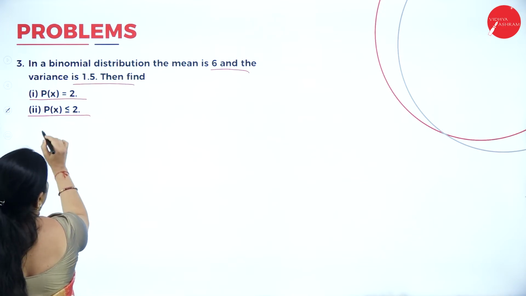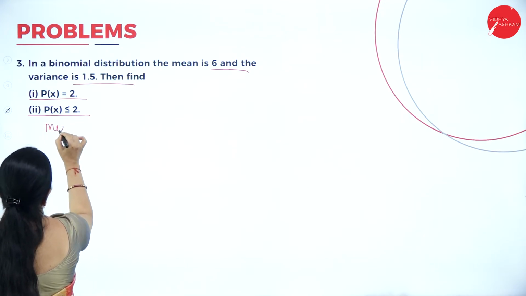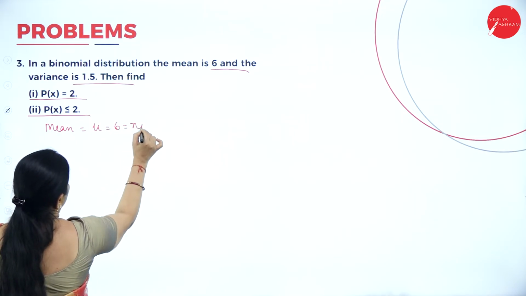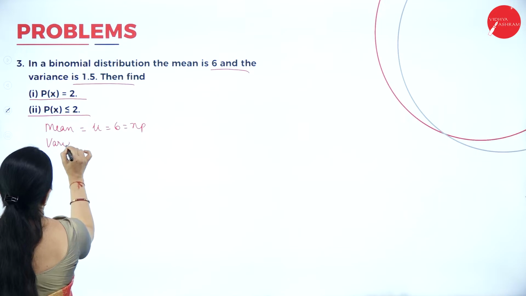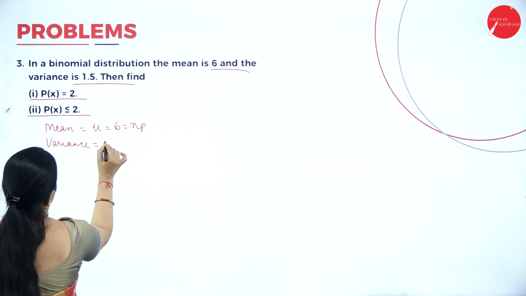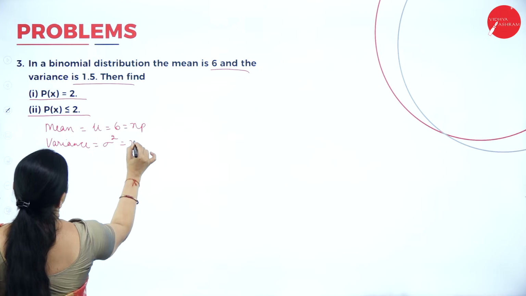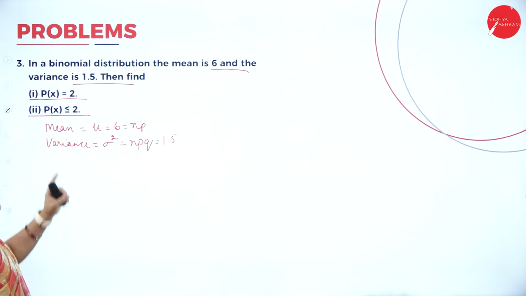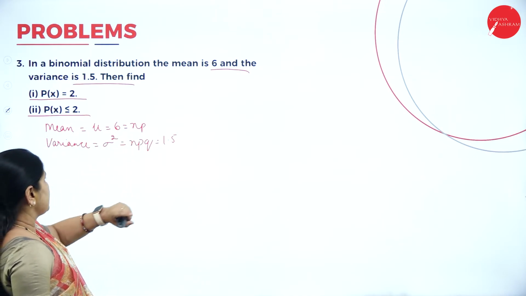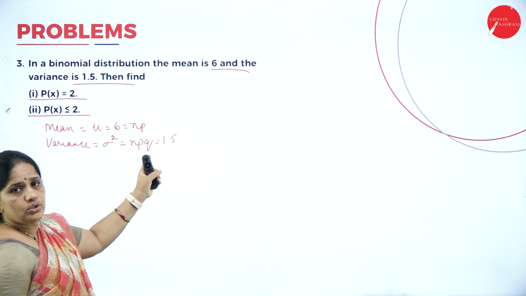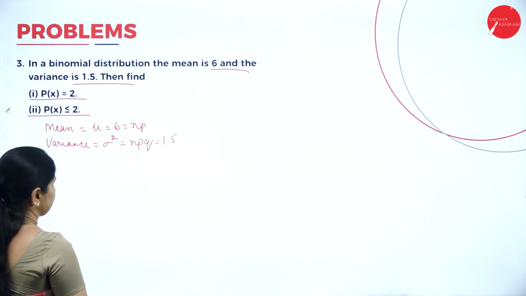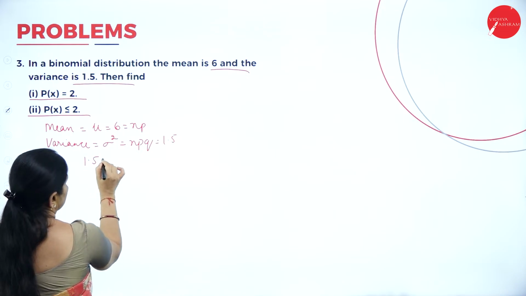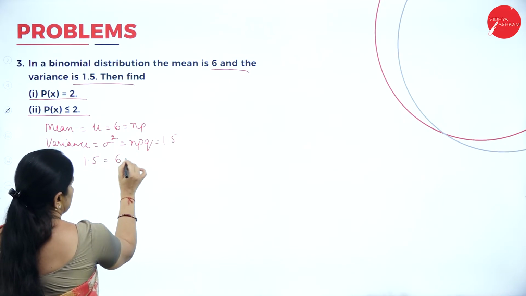So we have the mean equals 6 equals np, and variance equals standard deviation the whole square, that is npq equals 1.5. So in other words, I can write 1.5 equals 6q.